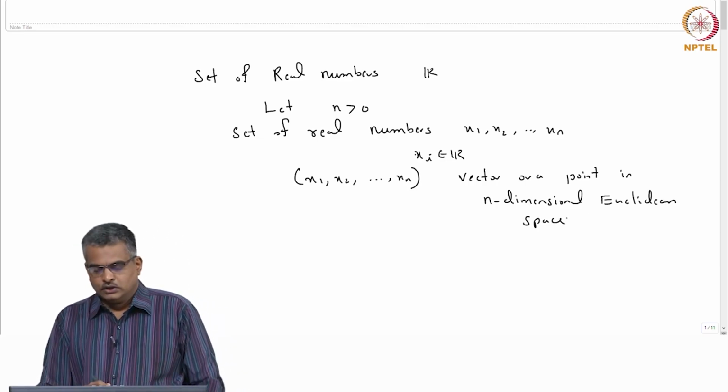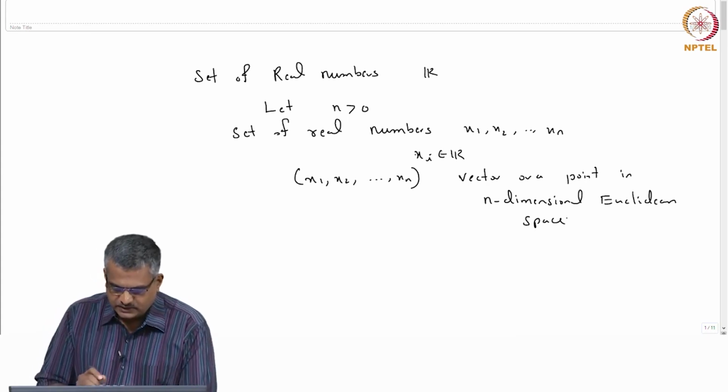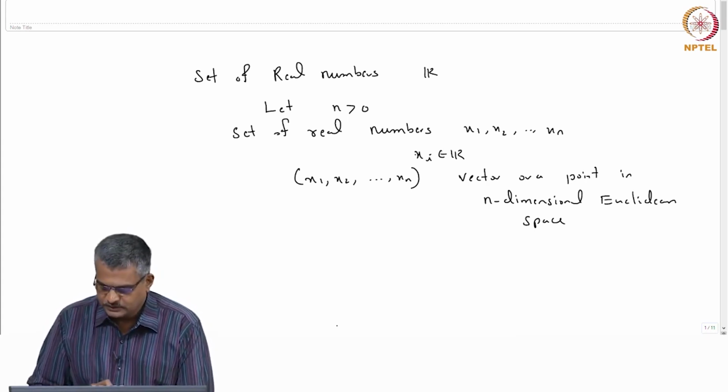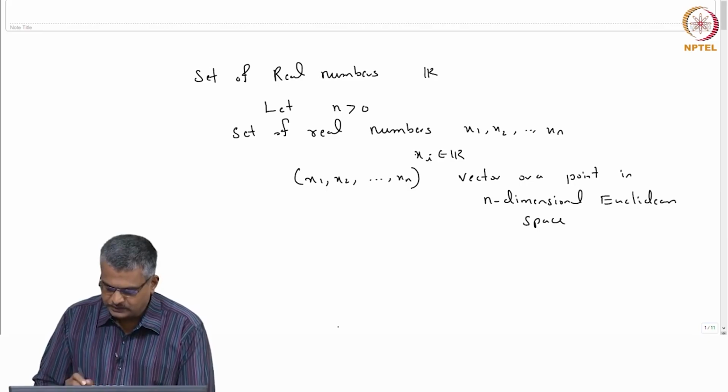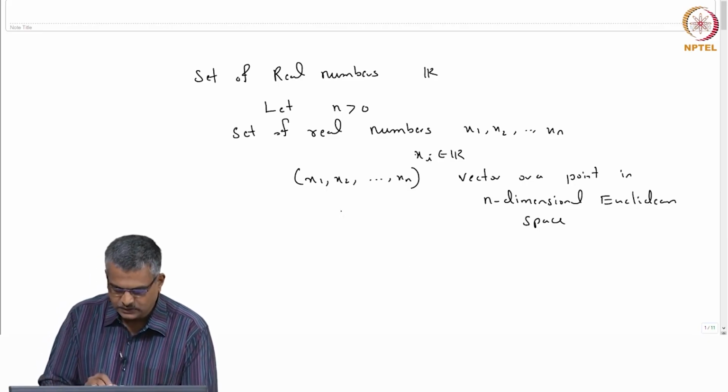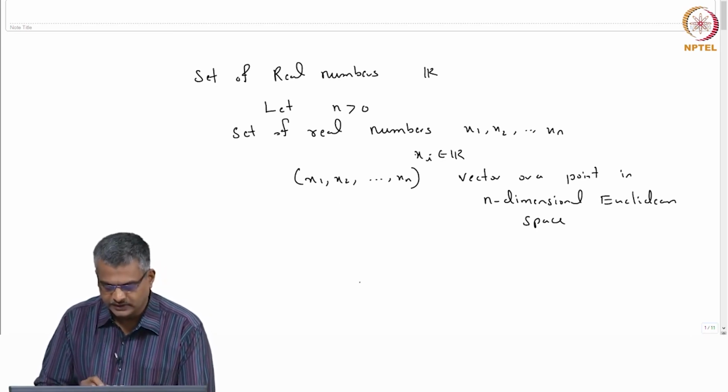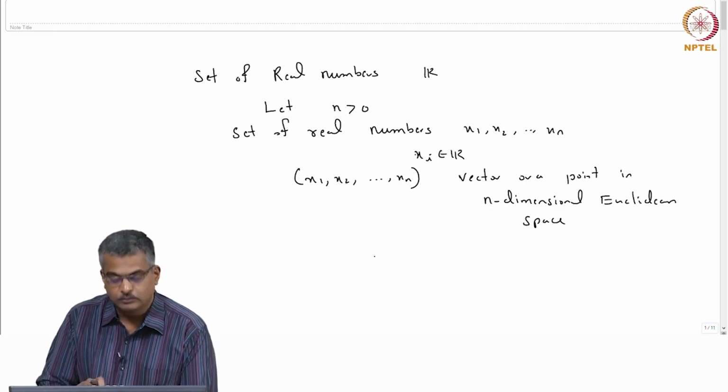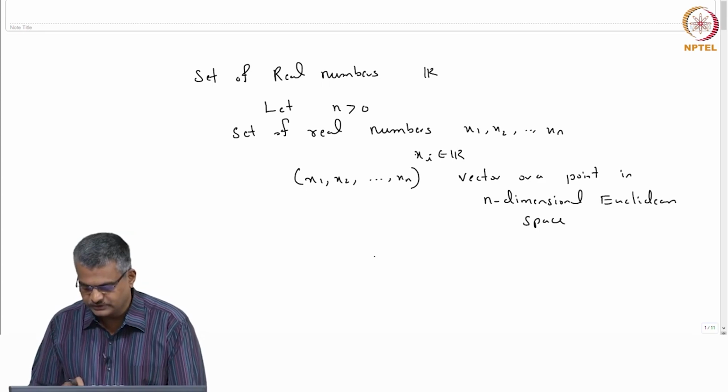So we have constructed a vector using real numbers, and in fact the definition of Euclidean space follows by collecting all such points. The collection of all such points or vectors is called the Euclidean space.